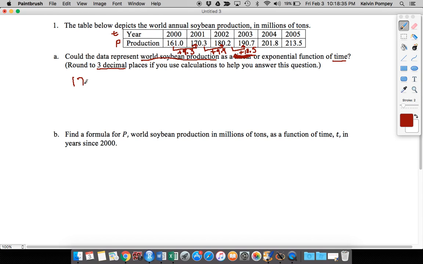If that factor is the same for all years, then I can say that it is an exponential function. If I do those and run it to 3 decimal places, I get 1.058. In fact, when I do all the others, for instance 180.2 divided by 170.3, I get the same value up to 3 decimal places. Since this is the case, I'm going to say that this function is an exponential function.